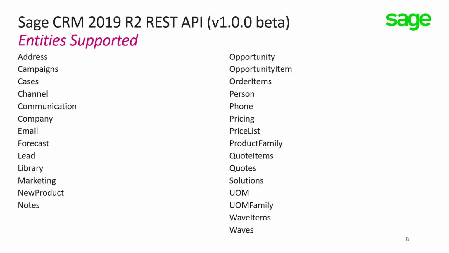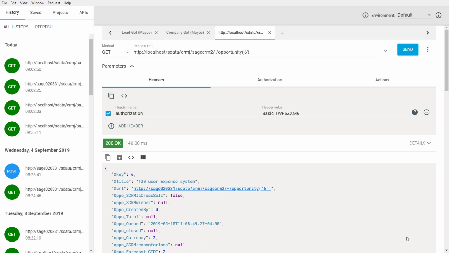So let's consider the request to retrieve an opportunity record via the API. And that URL will look like, well, there's the server name, SData, the instance name, J, Sage CRM 2 / opportunity, and then the specifier 6.